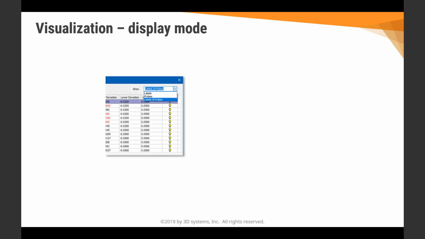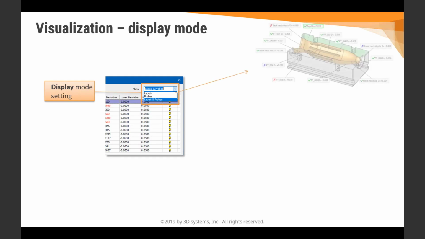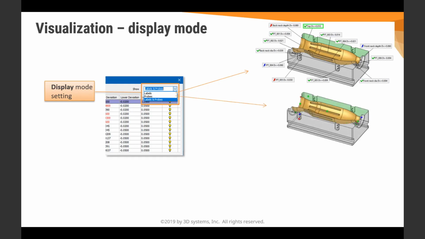We have an option to control the display mode. A drop down on the top right of the table. First option is to show only the labels, and arrows to show the measured point. The second option is to show only the probes which appear as small spheres.